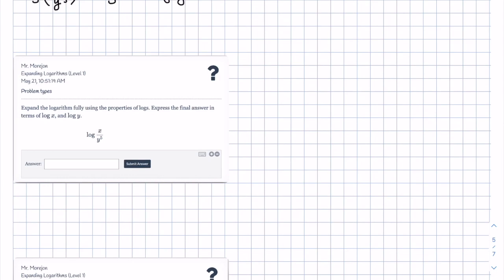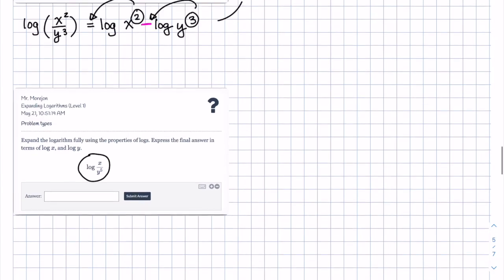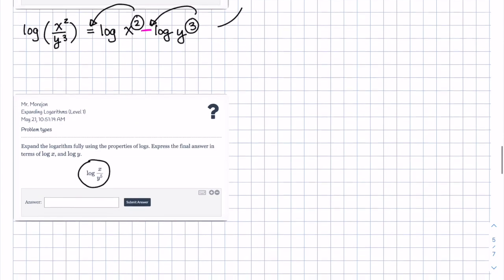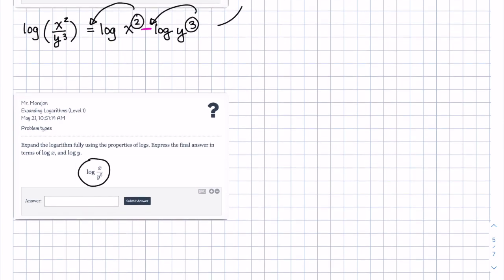So let's see. This one we have log of x over y to the 5th. Again, we're expanding. And again, if I asked you to look at these properties, hopefully you would see that you have another application of the division rule. So just look for these structures when you're doing these problems. So this is another division.